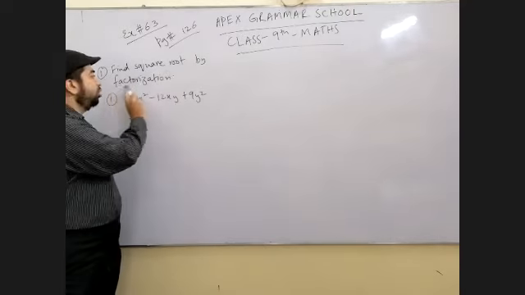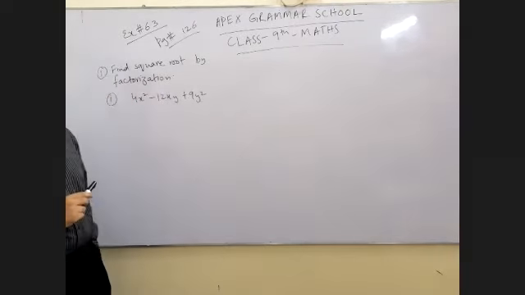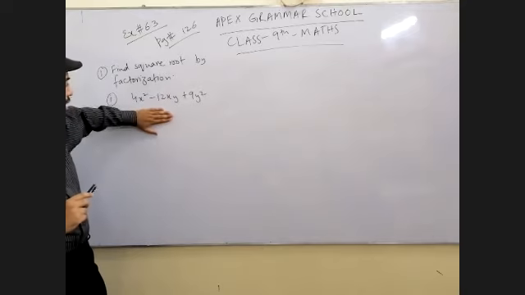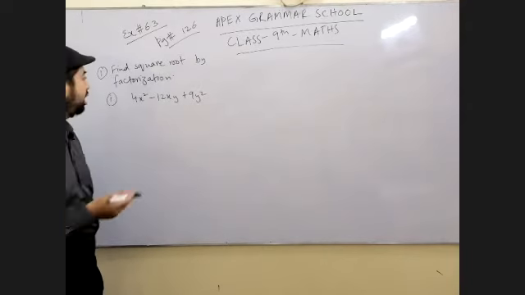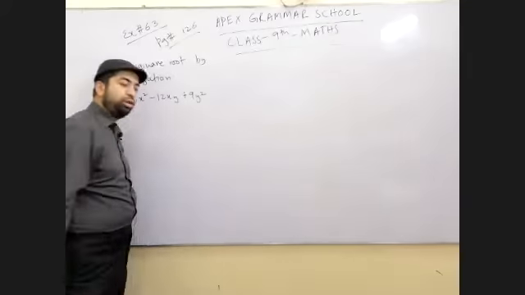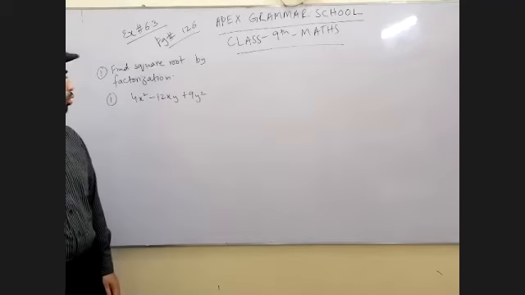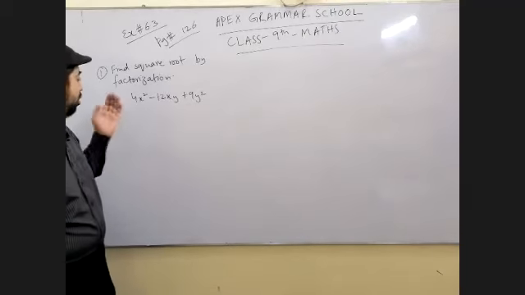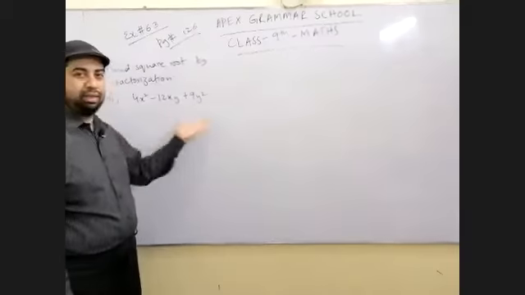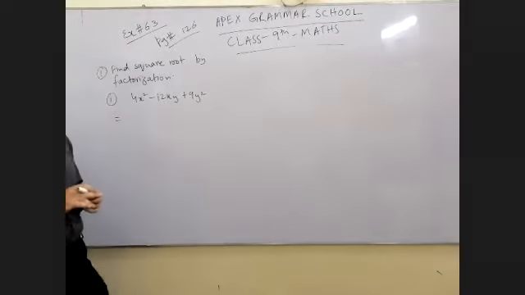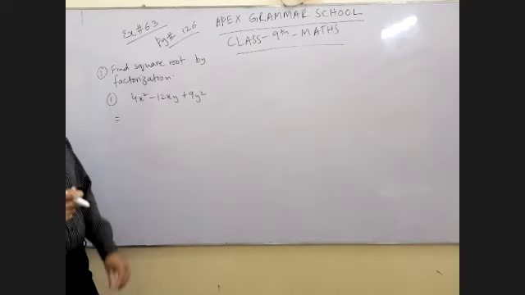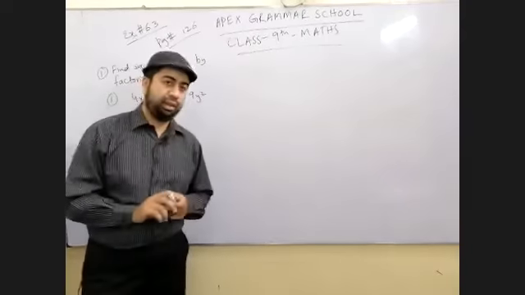To find the square root of this by the factorization method, it means that we need to find the square root of this one. For this purpose, we need to know that this is the square of something. We still don't know which square formula this is. To find that, we have a strategy that I have already told you: find the two positive squares in it.